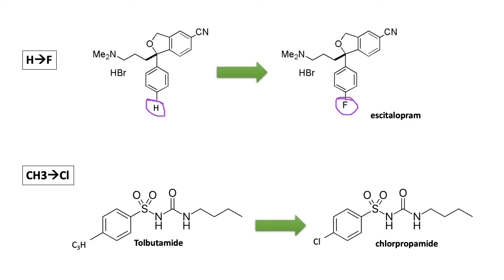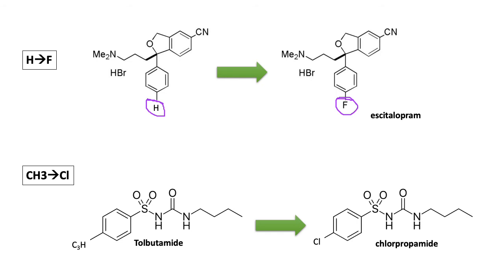The problem with this hydrogen is that it can undergo phase 1 oxidation, and this reduces the half-life of the molecule. So by replacing it with a fluorine, this would increase the half-life.